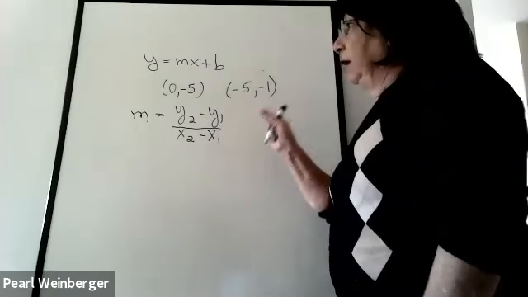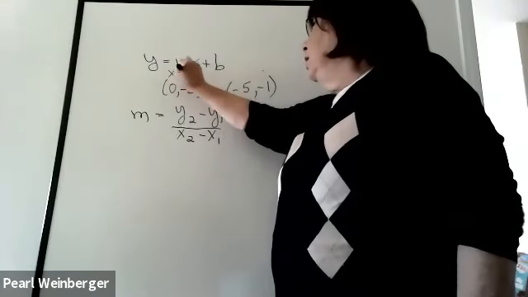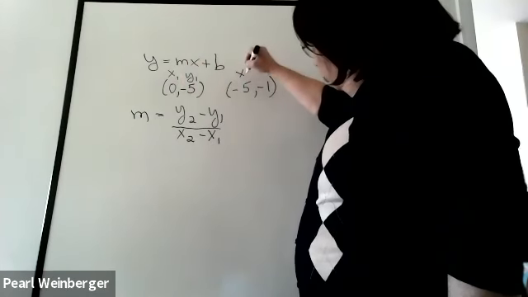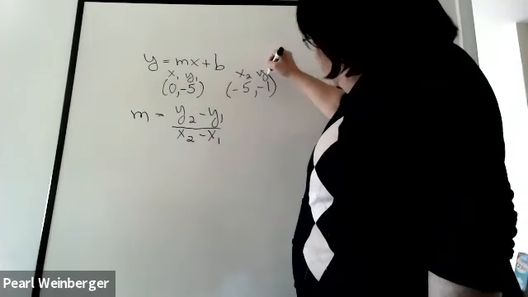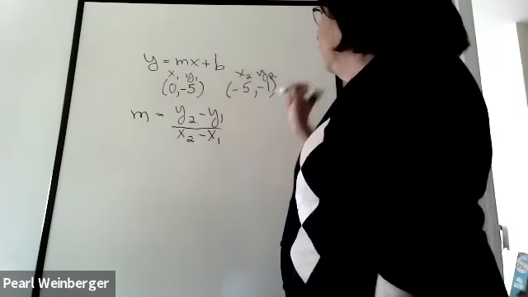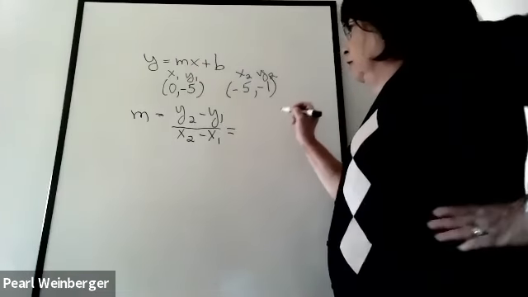So I pick one point to be my first point. Let this be the x1, y1. And my second point becomes the x2, y2. Remember, the subscripts y2 means the y of the second point. And I just put these numbers into my formula.